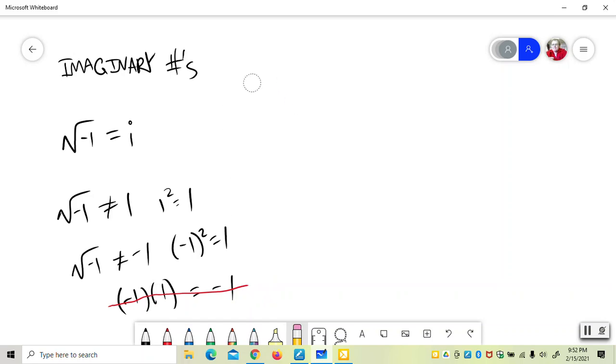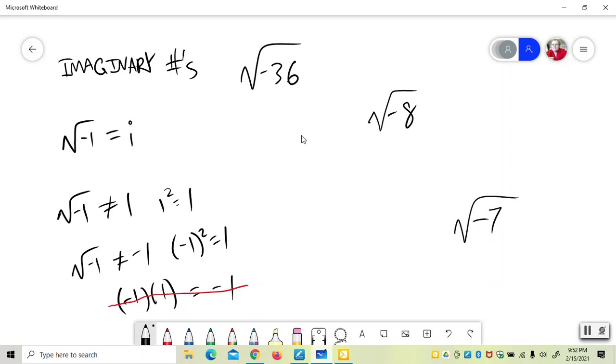Then, like I said, any negative number is just whatever the root would have been, times i. So the root of -36, 36 is a perfect square. Its root is 6. And since it's negative, 6i. And of course, plus or minus, we're not going to worry about that right now.